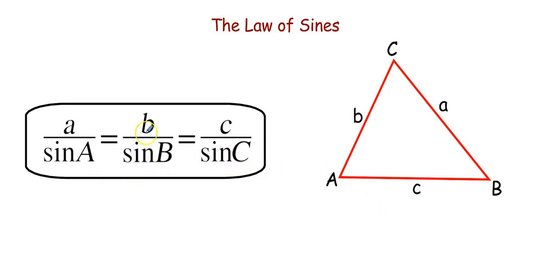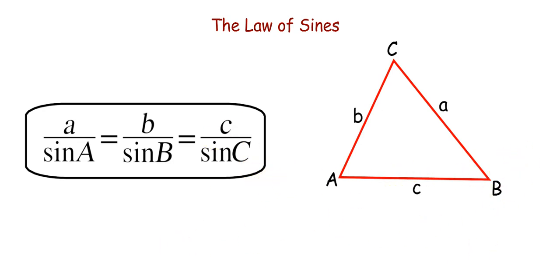Sometimes they even give 2 angles and 1 side. You can find the rest of the angles and the sides. That is, we use this formula to solve a given triangle which is not a right triangle. It is not a right triangle, but having known this, we'll be able to solve.